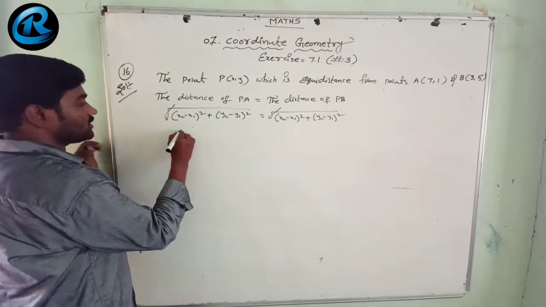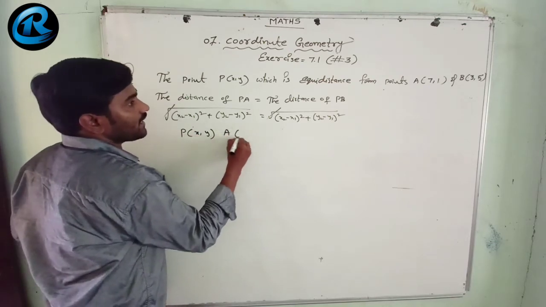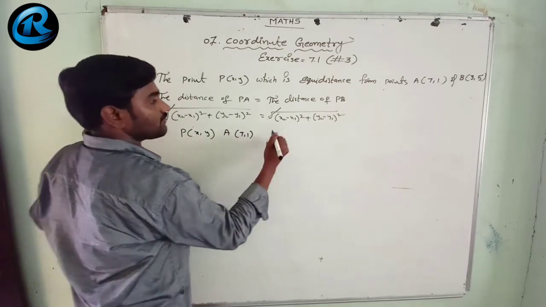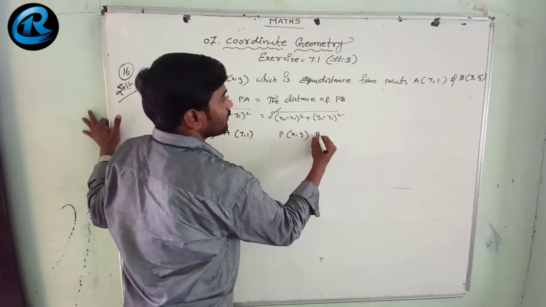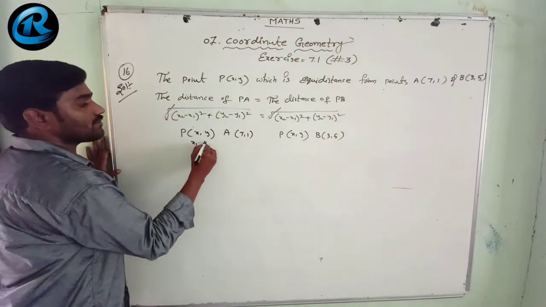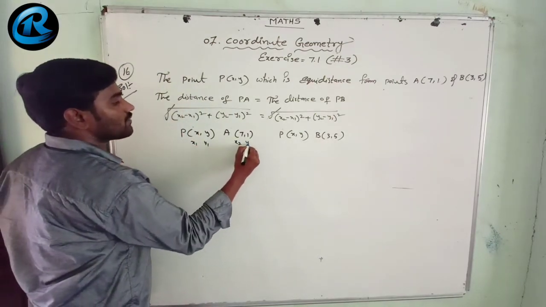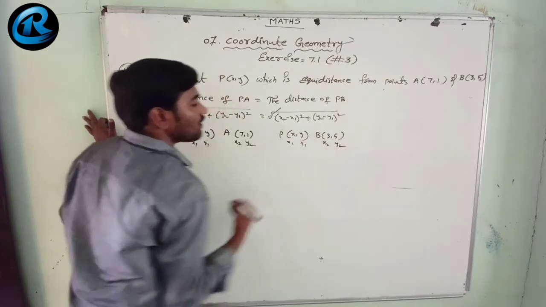Here it is P (x, y), A (7, 1). Here P (x, y), B (3, 5). It is (x1, y1), (x2, y2).